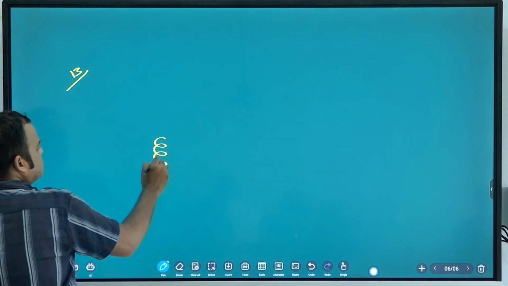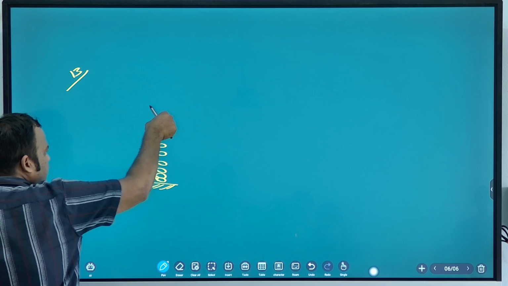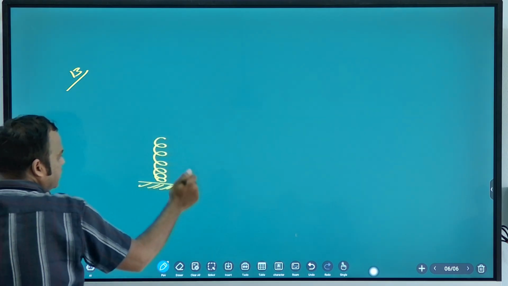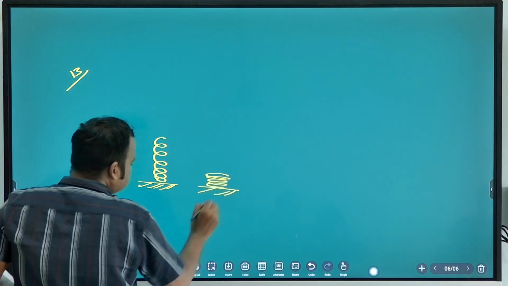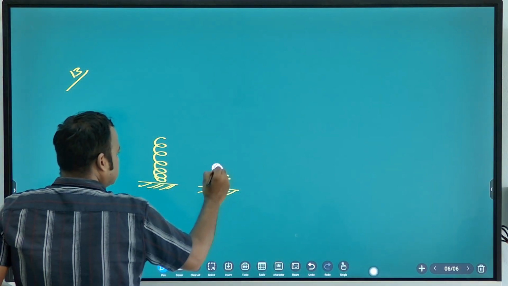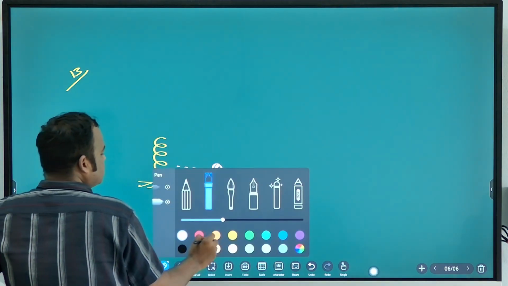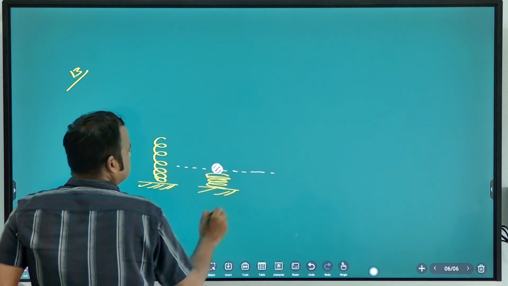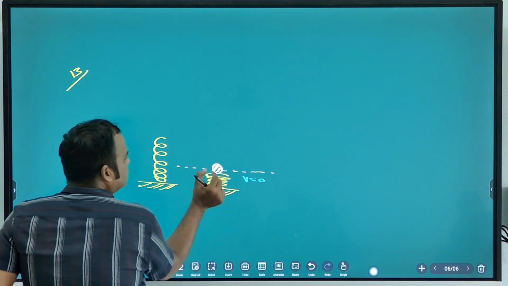So this is the spring. Now you put the ball here and compress the spring. So now the spring is compressed and this is the ball. Right now, what is the velocity of the ball? I am holding it like this. 0.